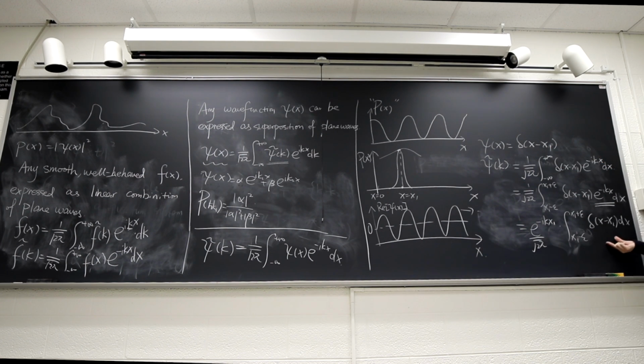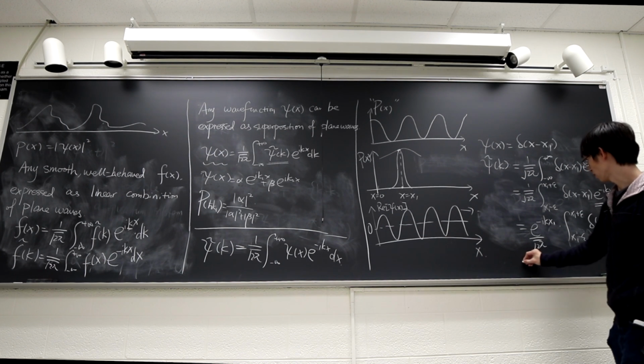And the integration of the delta function, we know that it's 1, right? That's how we define the delta function. We say the integration from minus infinity to infinity is 1, but the only non-zero part is close to x equals x1. So the integration of this is 1.